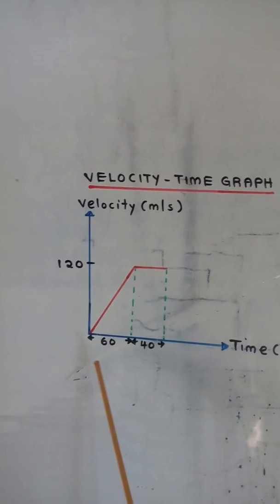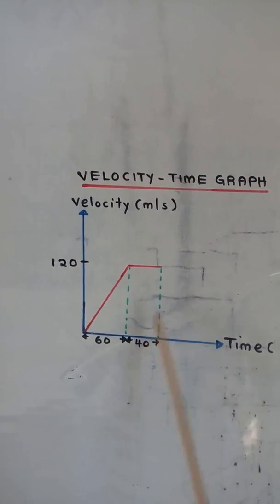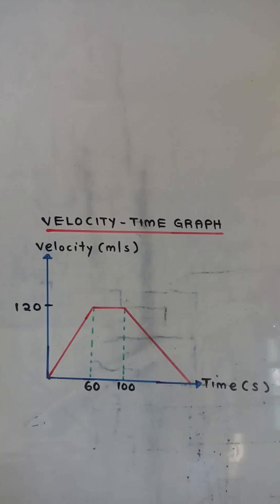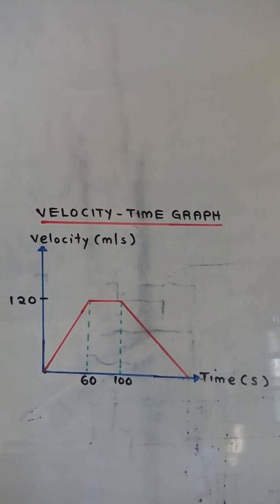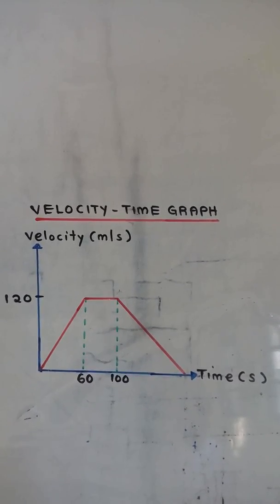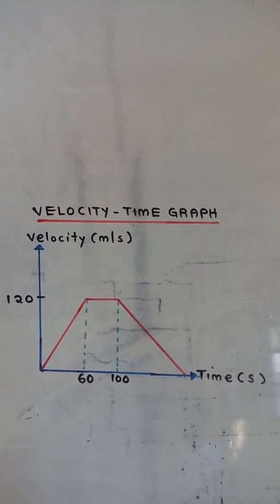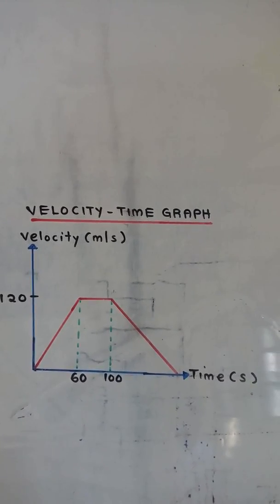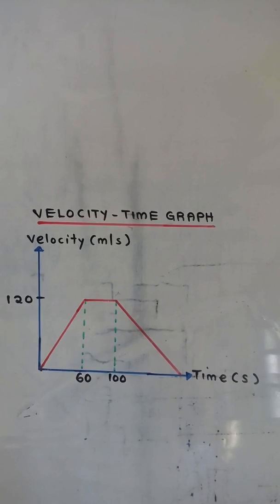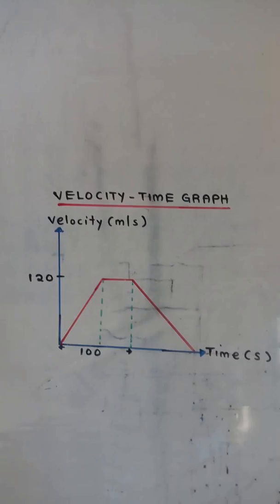Then 60 plus 40 is equal to 100, and finally decelerates uniformly to rest after another 2 minutes, which is equal to 120 seconds.